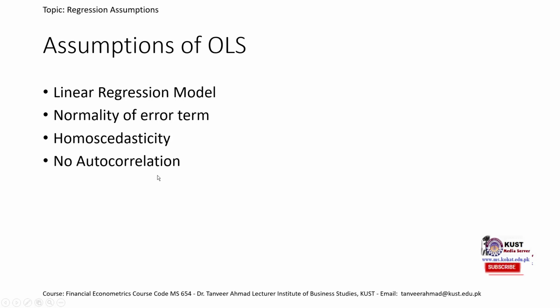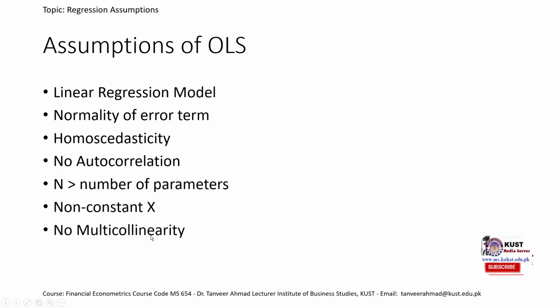There shouldn't be any autocorrelation between the error terms. Then we have the assumption that the number of observations should be greater than the number of parameters, and the non-constant assumption of X. Then we have the no multicollinearity assumption and the exogeneity assumption.